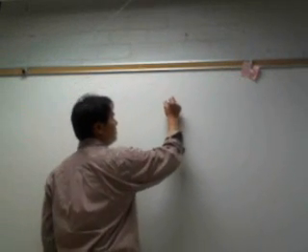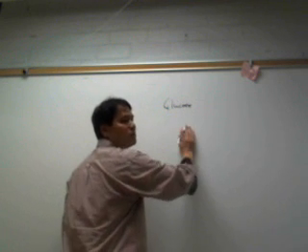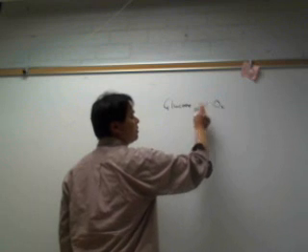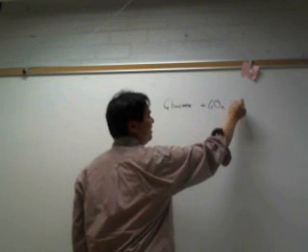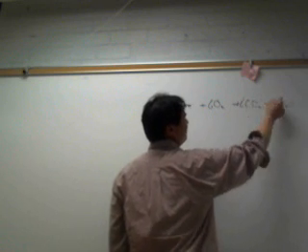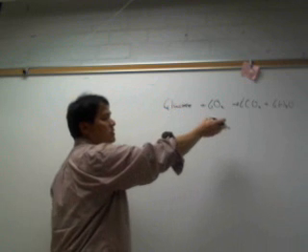This is why we could say metabolism of glucose and burning glucose is the same energy. We could say it's the same energy because the starting material and the ending material are the same, right? We start off with glucose, we end up with CO2 and water.